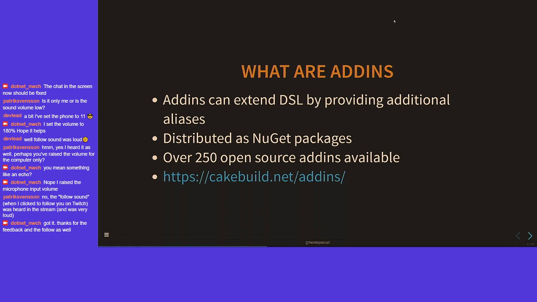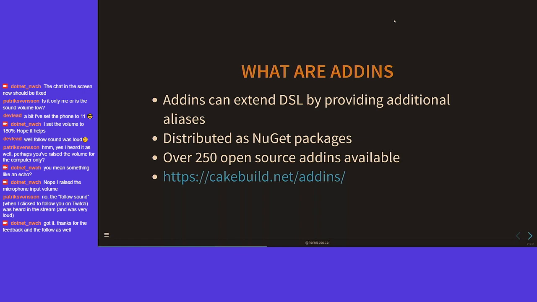We can create additional add-ins which actually are normal C# or .NET libraries, which are distributed as NuGet packages, which can provide additional aliases to Cake. So if something is missing, Cake doesn't support a specific tool which you need in your build pipeline, you can create an add-in and call out to this tool, provide a nice DSL alias, and then use this inside of your build script.